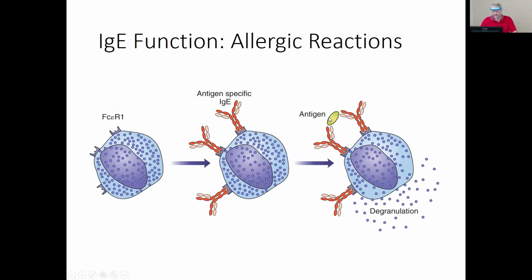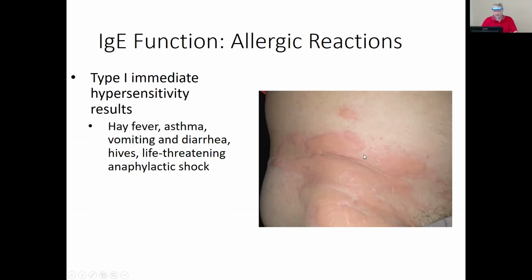They got the antigen attached here, then they have this degranulation burst from the mast cell, and that's where your granules of histamine and heparin are. So we have allergic reactions, and this is where we talk about IgE.